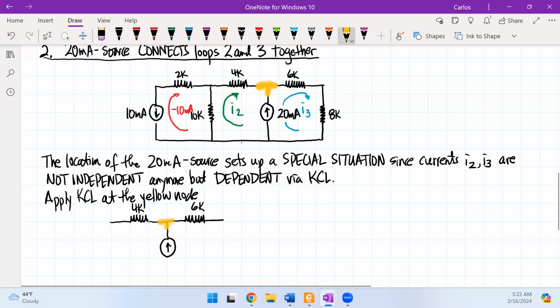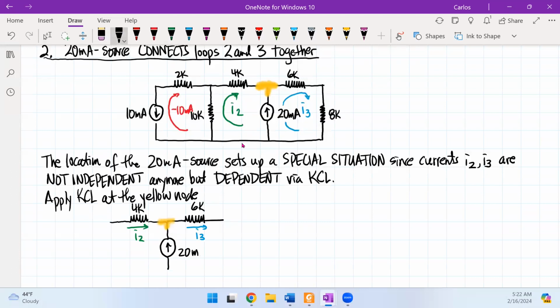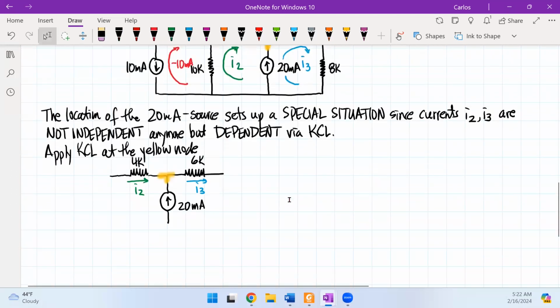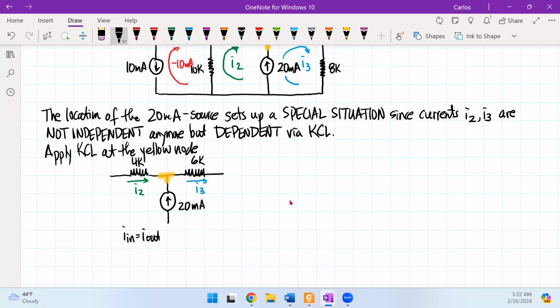So when I look at the current, I have the current I2, I have the current I3 going in that direction, but I have 20 milliamps also going into that node. So if I look at the current coming in and the current coming out, the current coming in is going to be the 20 milliamp plus I2, and then I'm going to get I3, and it's going to equal it.